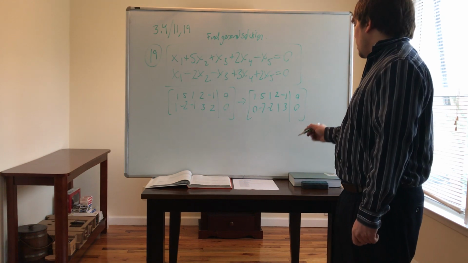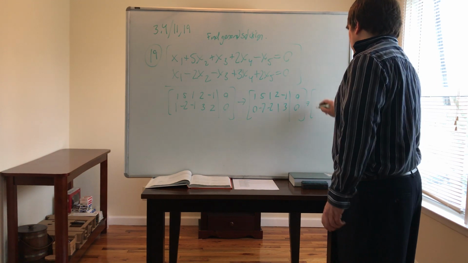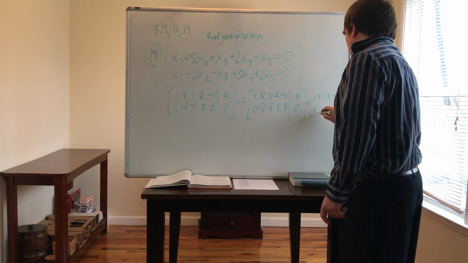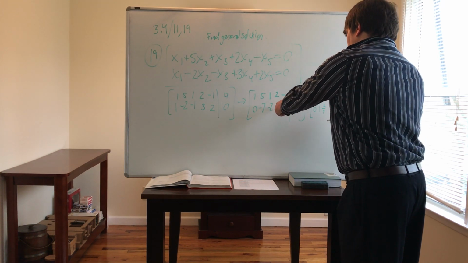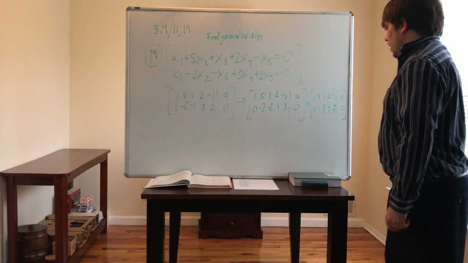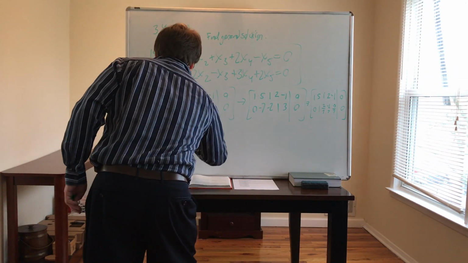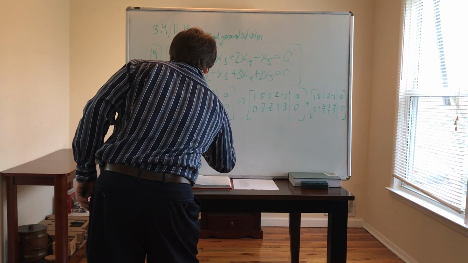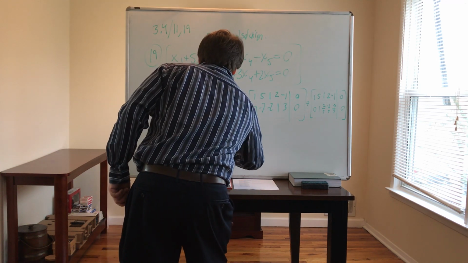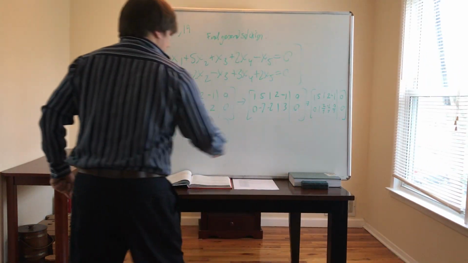Okay, and so now I'm just going to multiply the second row by -1/7. 0, 1, -1/7, -1/7, negative 1/7, okay? And so now I need a 0 here to get it to reduced echelon form. The second row I'm going to keep the same. Negative 1/7, negative 3/7. That's the second row. Just copy it down. Now we take negative 5 times the second row and add to the first row.